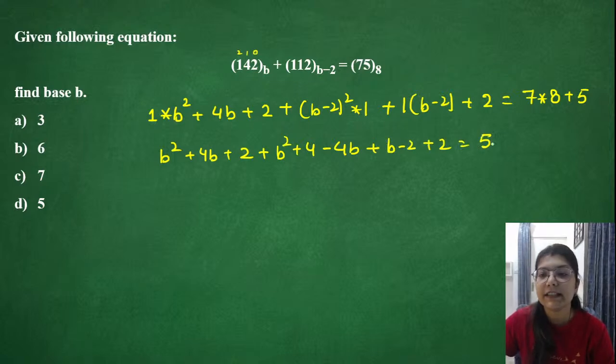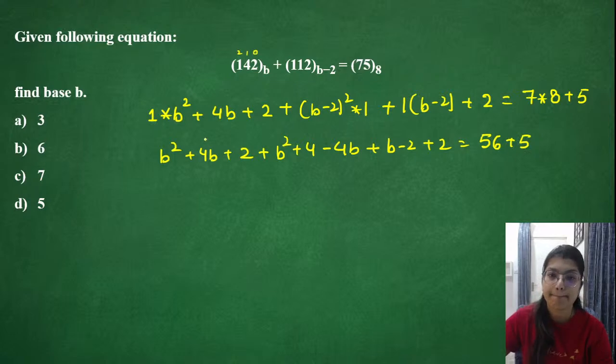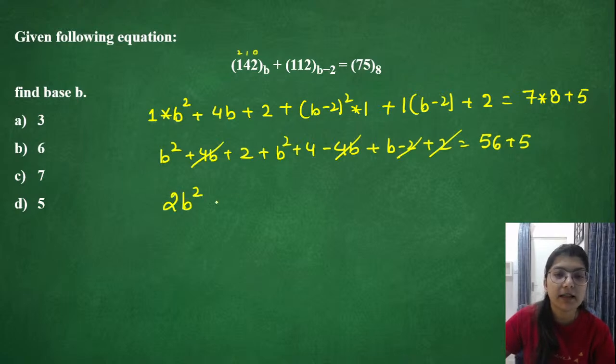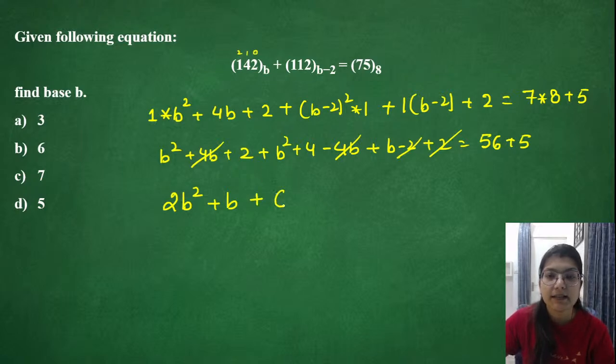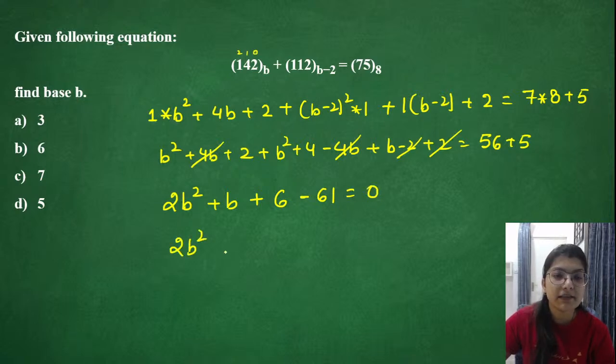to 56 plus 5. So this 4b and 4b will cancel out. This 2 and 2 will cancel out. So it will be 2b square plus b plus 4, 5, 6, 6 minus 61 will come over here, right? So 2b square plus b minus 55 equal to 0.